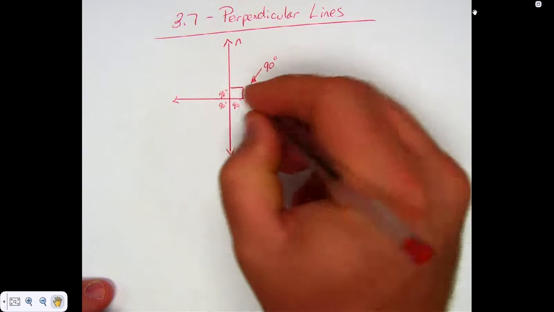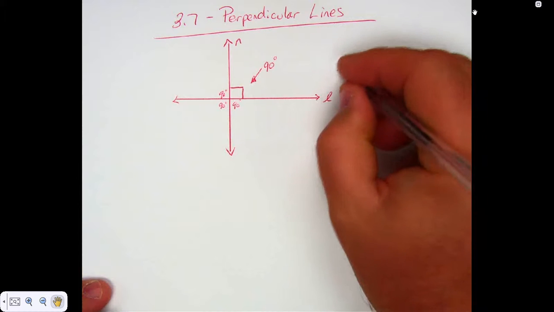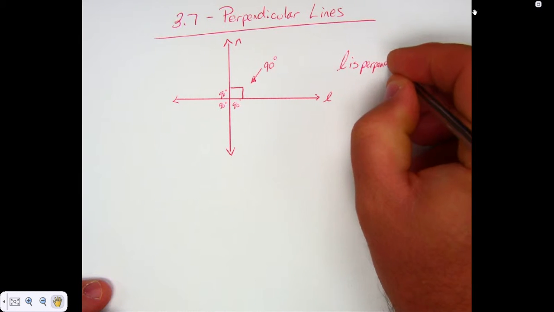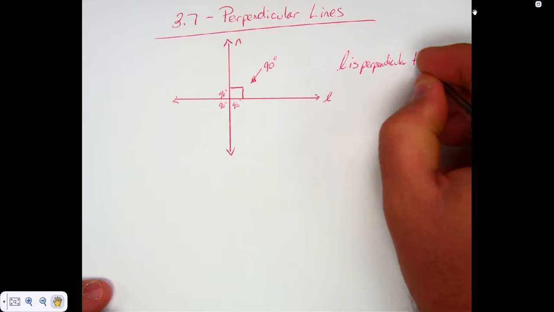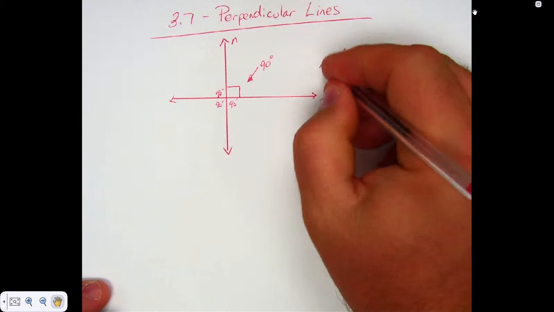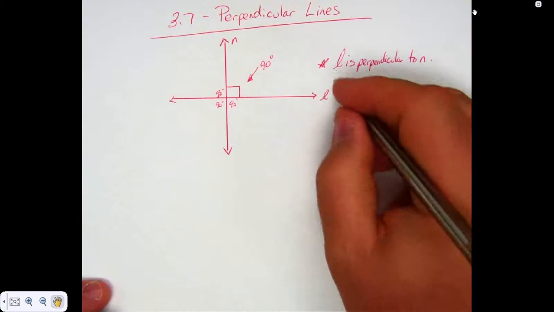You get four 90-degree angles. L is perpendicular to N.